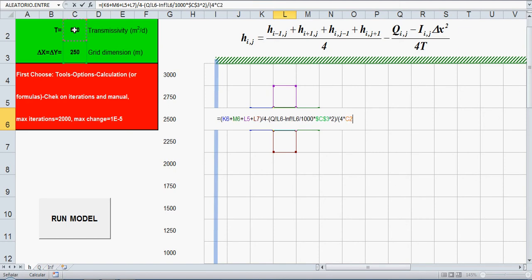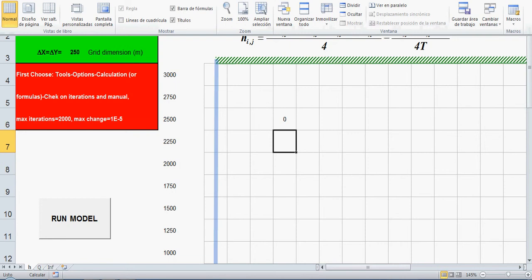Here we have the transmissivity, and that's it. Now let's check our formula. It looks right. Let's zoom out again.